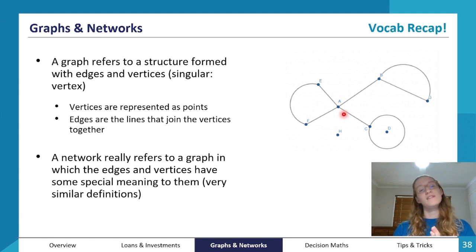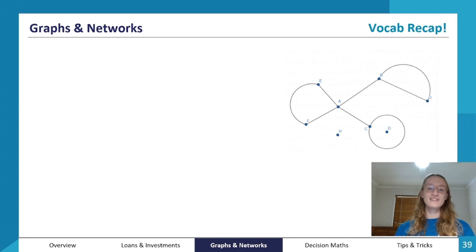So they're very similar definitions, so we use them interchangeably. Technically, if this did not have any meaning associated with it, it would be a graph. But if this represented connections between different towns, then it would be a network because it's got a special meaning associated with it. But again, we very much use them interchangeably.